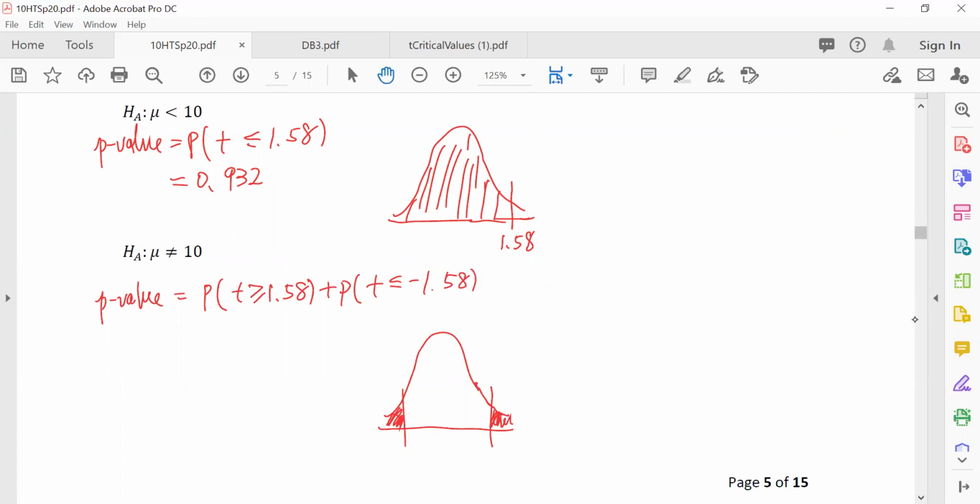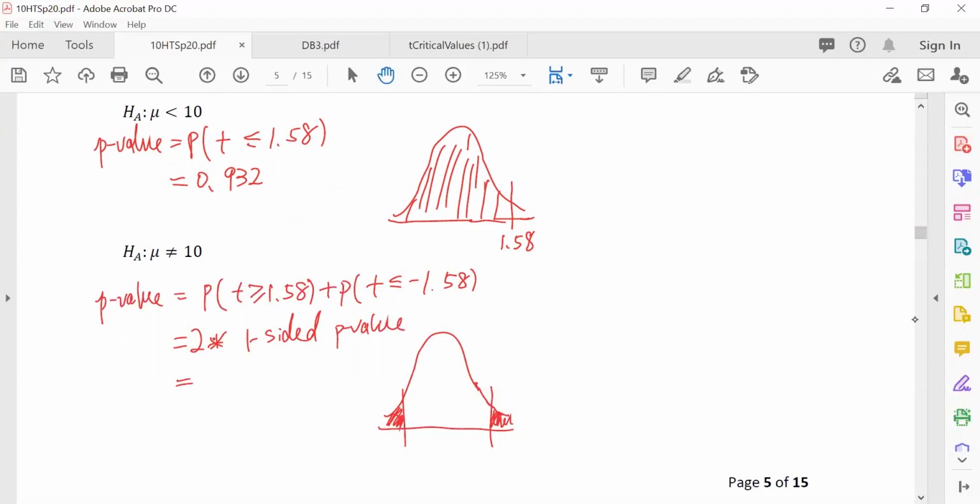Since the t-distribution is a symmetric distribution, the area under the curve for both sides should be the same. So this is actually 2 times the one-sided p-value, right?